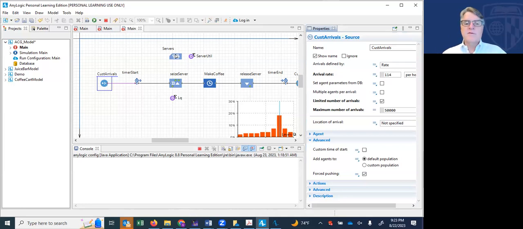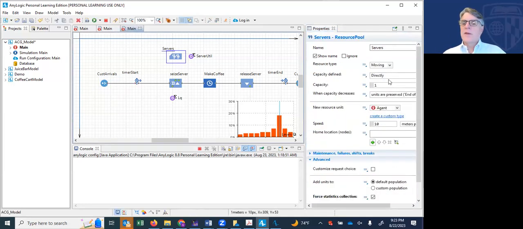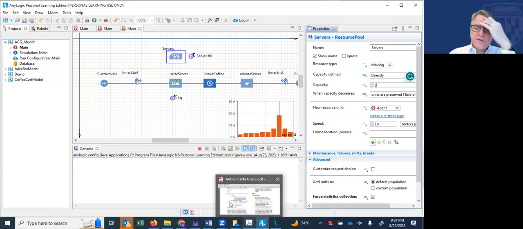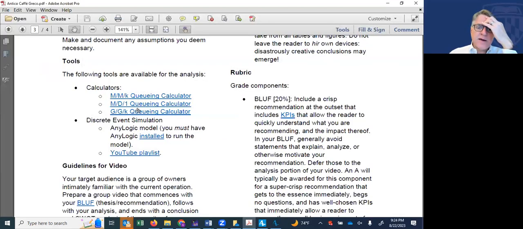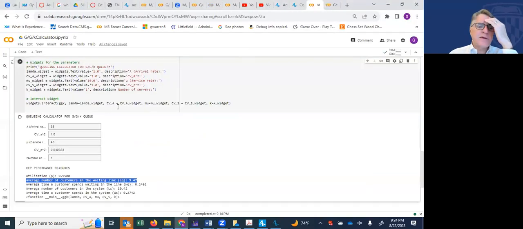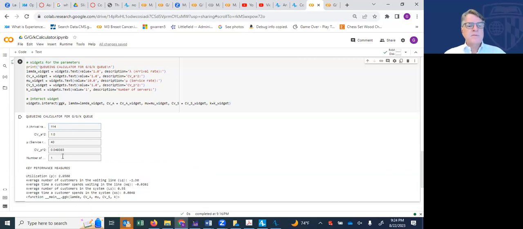So now I'm getting arrivals at 114 per hour, and I need to put 3 servers into the pool because I'm lumping them all together. And I want to go into the calculator. So I have it previously running here. Everything remains the same, but I'm going to change this to 3 servers. So utilization remains the same at 95%.